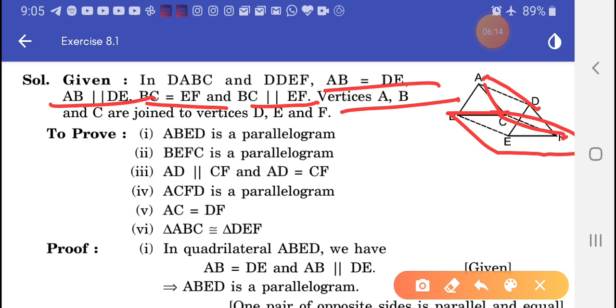A, B, C are joined to D, E, F respectively. Now we have to prove.